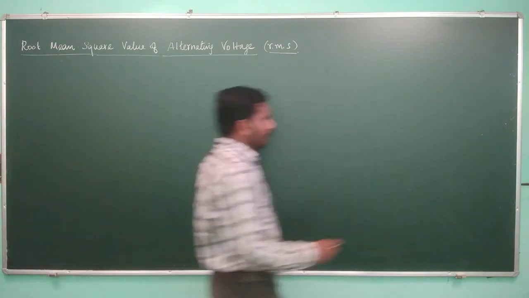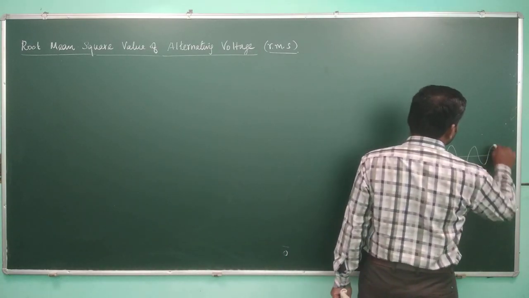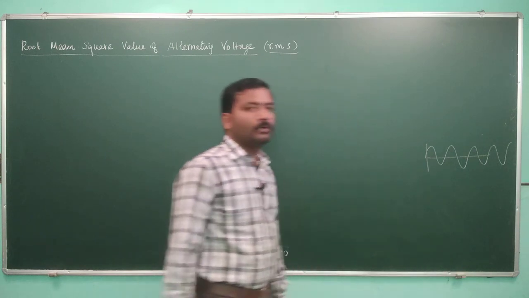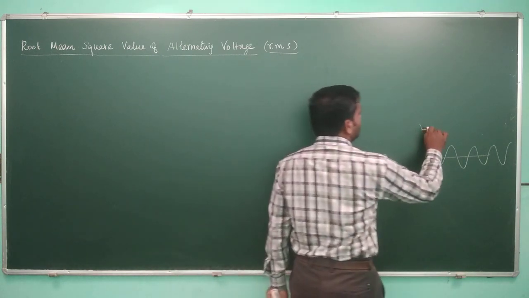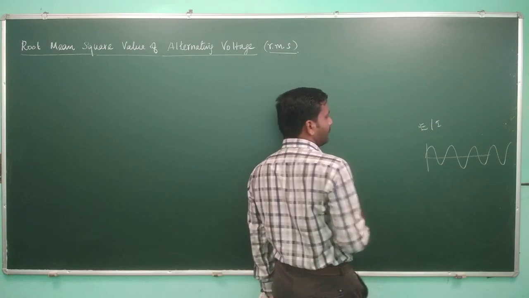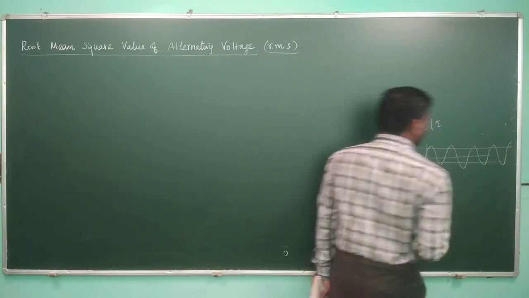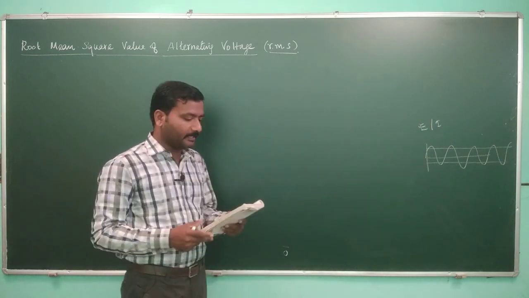See, if there is an alternating voltage or alternating current, right? Root mean square value is the effective value, which will be lesser than that of the peak value.